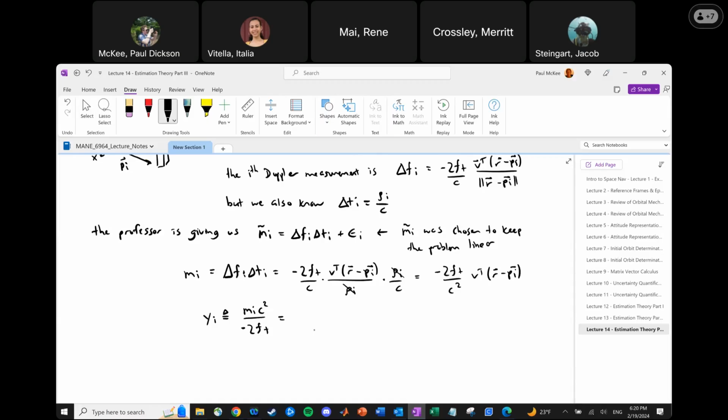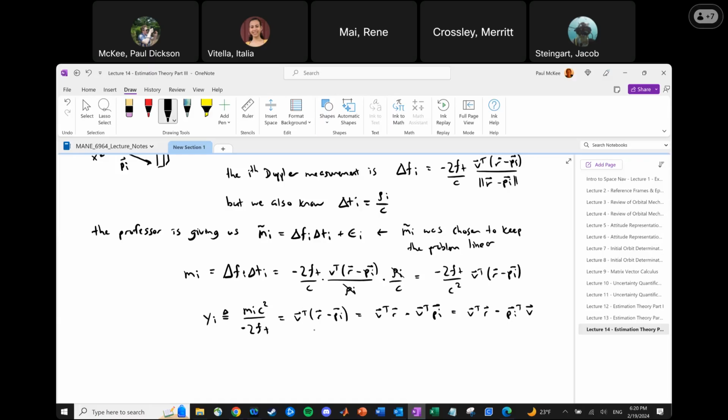Well, then this is equal to V transpose (r minus pi). Okay? Or you could write this as V transpose r minus V transpose pi, or you could also write this as V transpose r minus pi transpose V. Totally fine to write it that way.